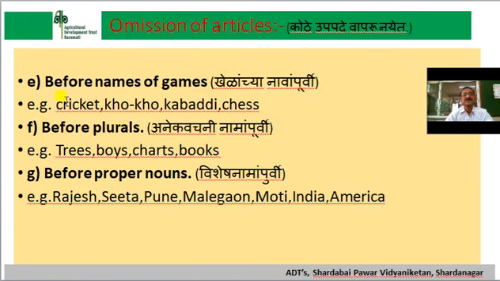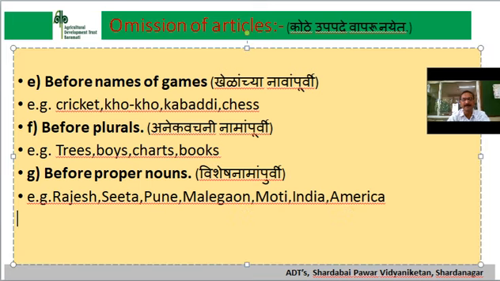Articles are not used before games: cricket, kho-kho, kabaddi, chess, etc. They are not used before plurals also: trees, boys, charts, books, etc. Articles are not used before proper nouns: Rajesh, Sita, Pune, Malegaon, Moti, India, America, etc.